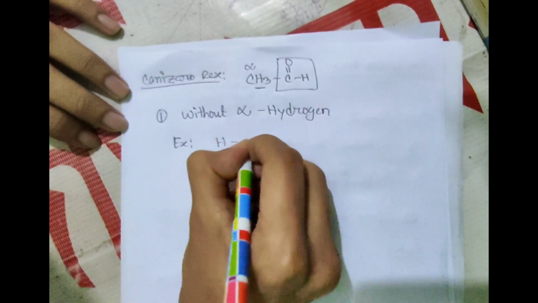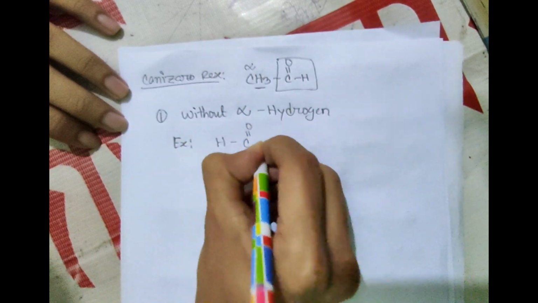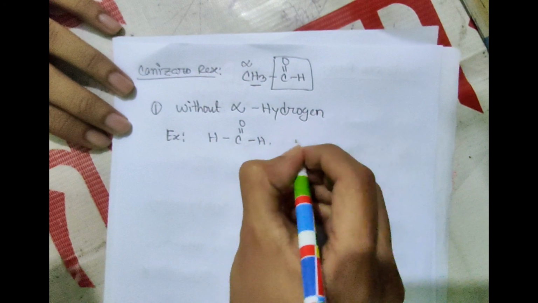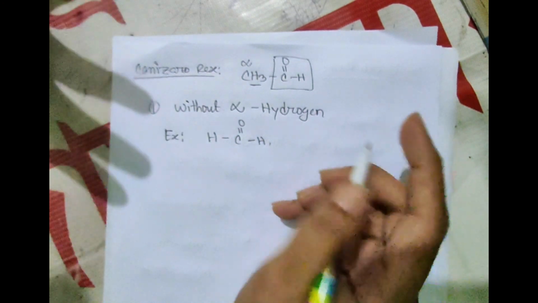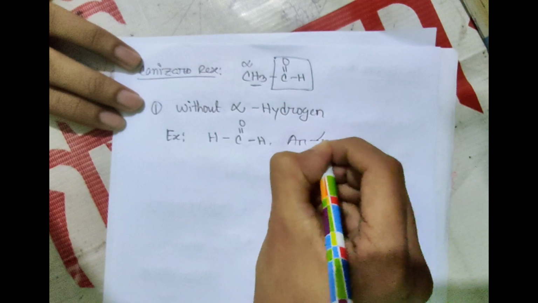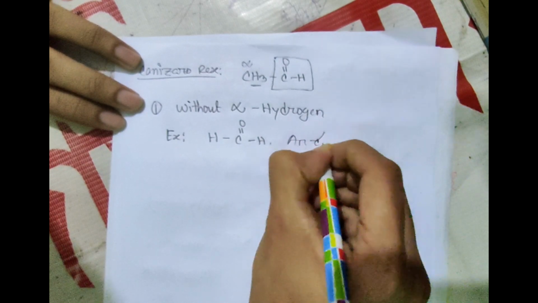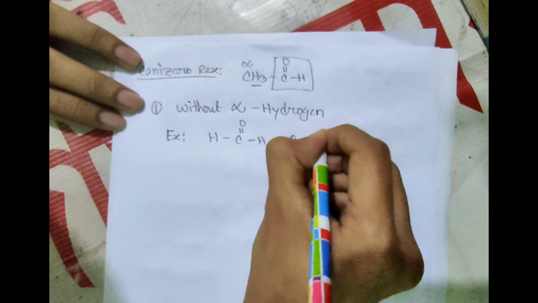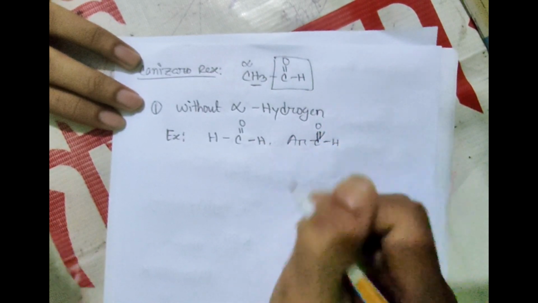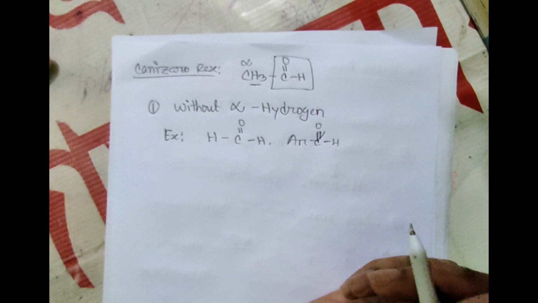This is formaldehyde, or any kind of aromatic aldehyde. There is no alpha hydrogen.